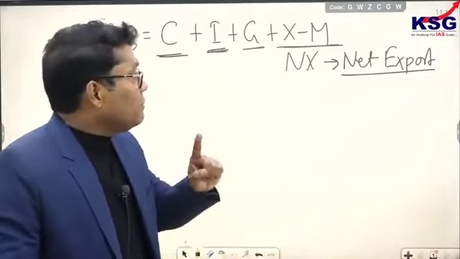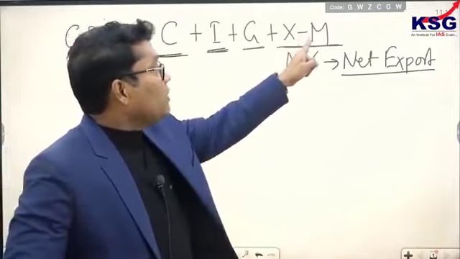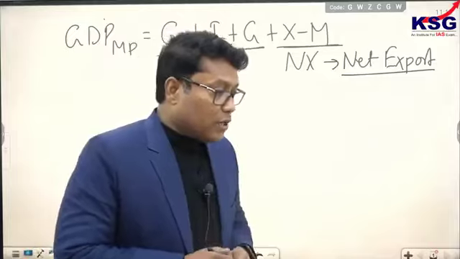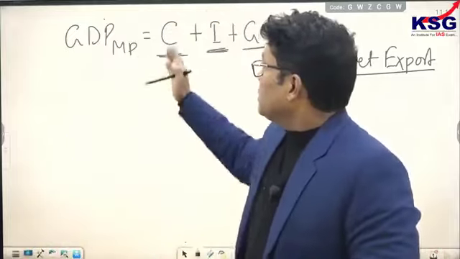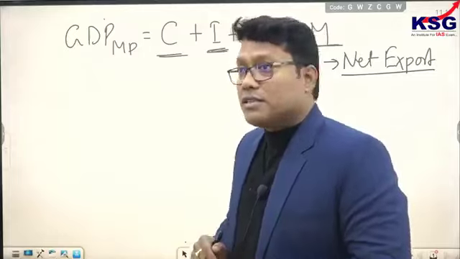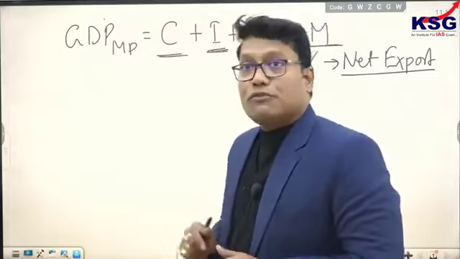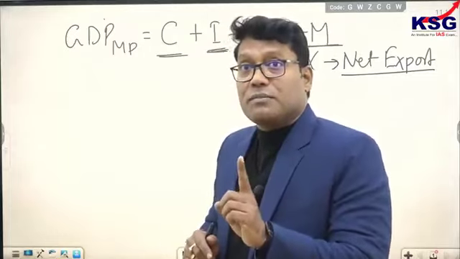That day you remember I discussed with you why we are subtracting M. We subtract M, that is imports, because our motive is to calculate the domestic output. Some part of imported goods is demanded by consumers, some by investors for investment purposes.